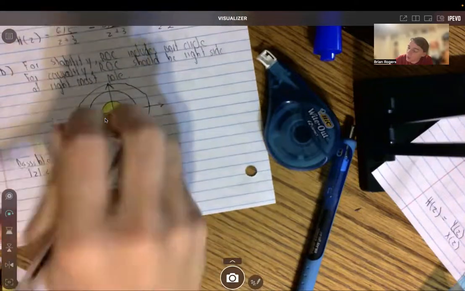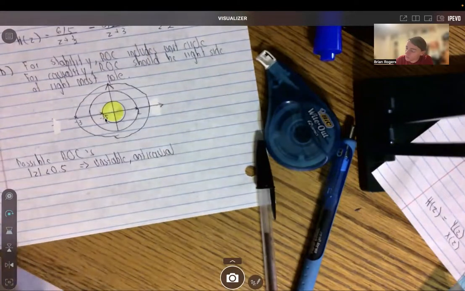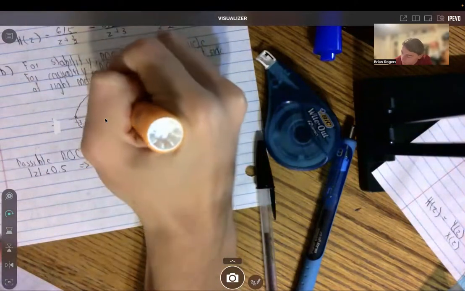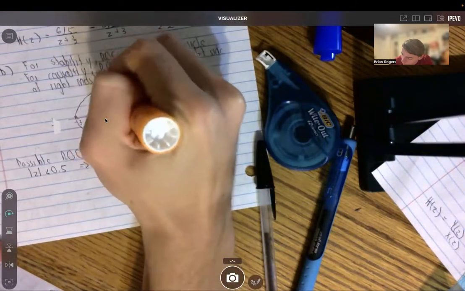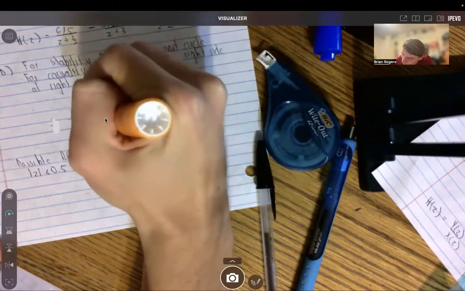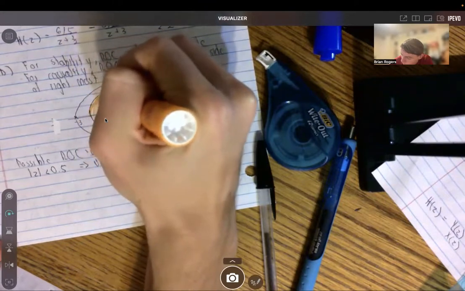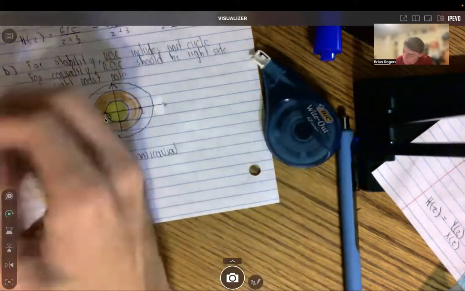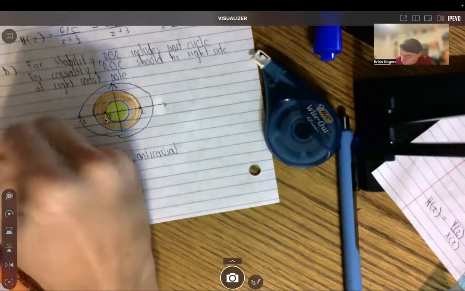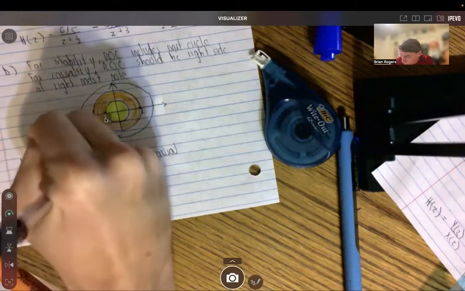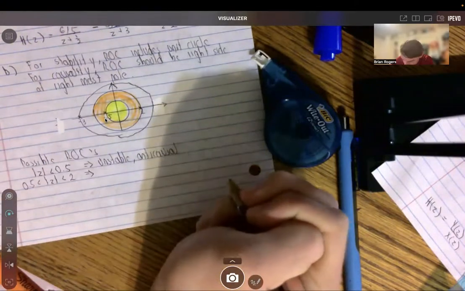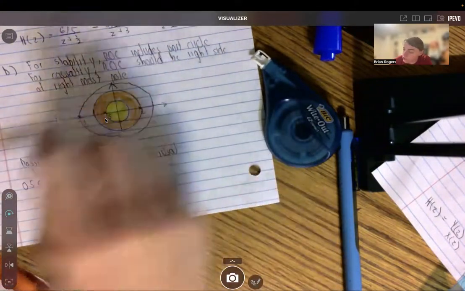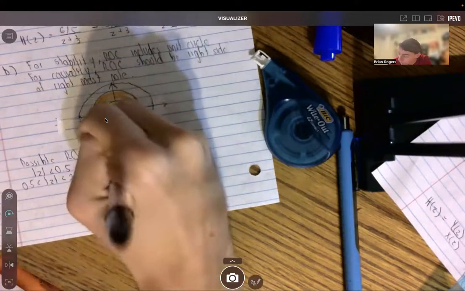For the next one, the next possibility for a region of convergence is between 0.5 and 2. So here we go. This is the next area where it could possibly converge, between 0.5 and 2. This one does include the unit circle, which is at |z| equals 1, so it's stable.